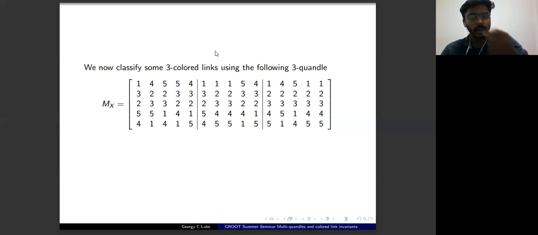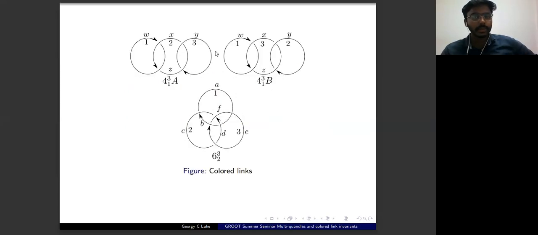So this is our 3-quandle, and we label these arcs as W, X, Y, and Z. For them to form a coloring, it should satisfy the crossing relations at all these 4 crossings.